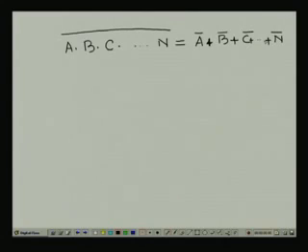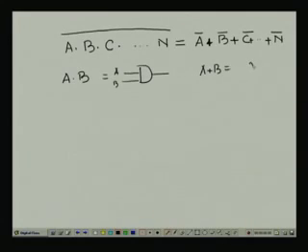Now if we draw, this A dot B is nothing but a 2 input AND gate, and this A plus B is a 2 input OR gate.